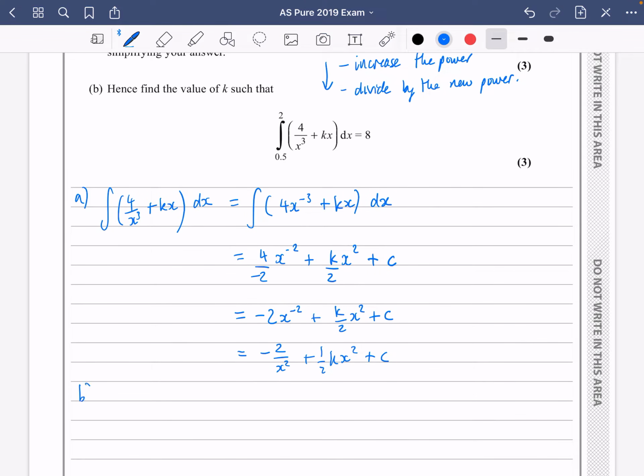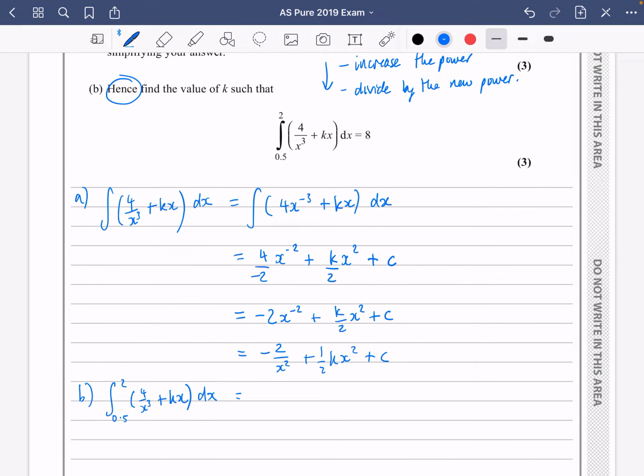Now, part B of the question says, hence, find the value of k such that the integral of the thing we were just looking at, between 0.5 and 2, is equal to 8. So I'm going to work on this left-hand side. I'm going to work out the integral between 0.5 and 2 of 4 over x cubed plus kx dx.